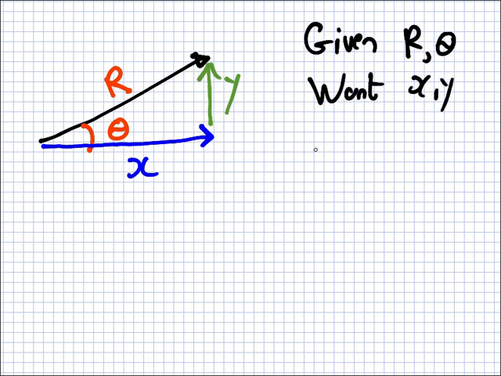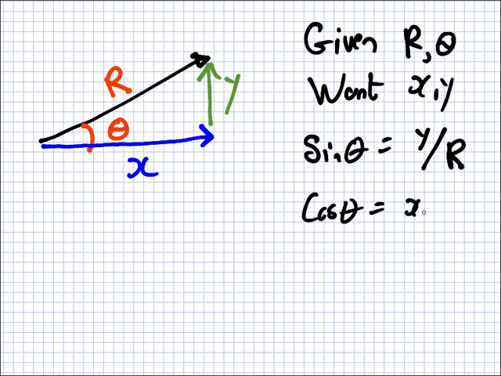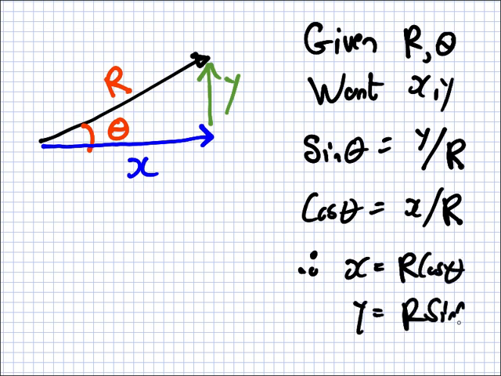Now we can use the rule that sine theta, what will that equal? Y over r. Yes? And cos theta equals x over r. Therefore, x equals r cos theta and y equals r sine theta.